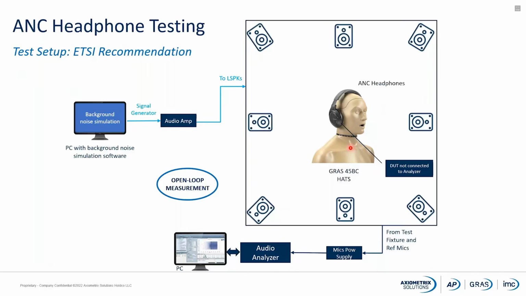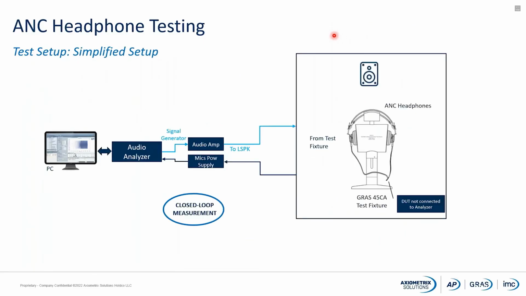For some cases, such a setup can be overkill or too complex, particularly if we would like to perform a quick R&D test or test the ANC in a production line environment. And that's why sometimes the complexity is reduced with setups like the one we see on the next slide.